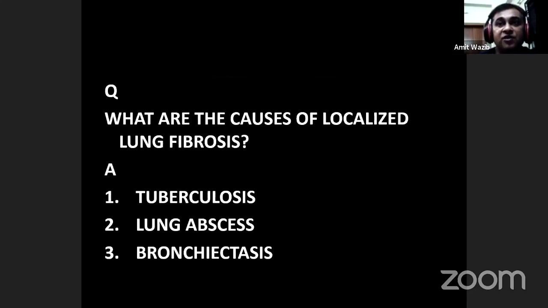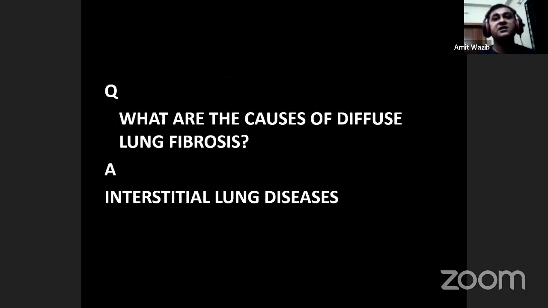You may then also be asked, so if these are causes of localized lung fibrosis, is there any generalized lung fibrosis? This is called diffuse lung fibrosis. Yes, there are a group of diseases that cause diffuse lung fibrosis, and these group of diseases are called interstitial lung diseases.